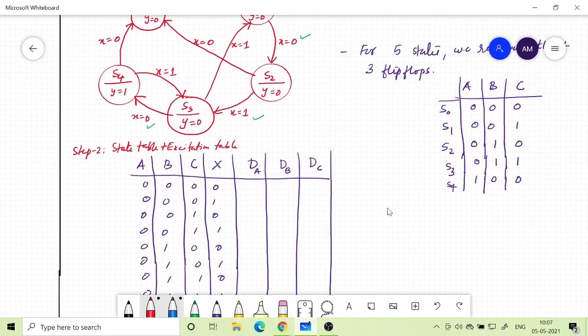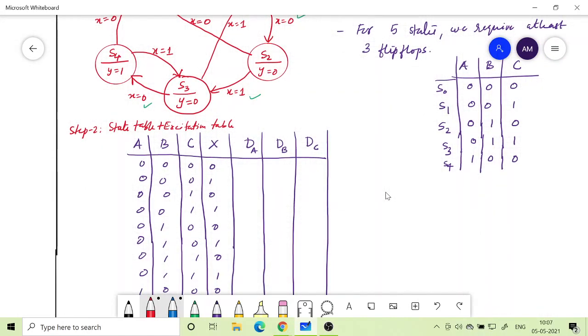It is the same as the next state. And what is the output? The output is basically S4. Whenever it is S4, S4 is 100. So Y is basically A, B bar, C bar. So it just depends upon the current state of the flip-flops or the storage elements. It doesn't depend on the input.